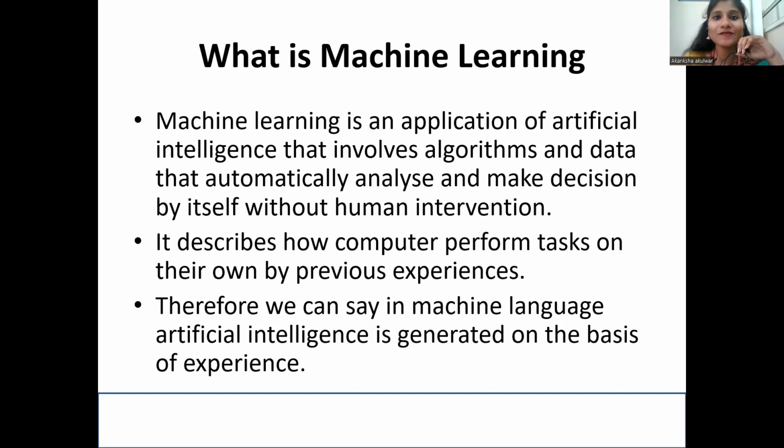Depending upon this previous data, we will be predicting the future upcoming instances. Therefore, we can say in machine learning, artificial intelligence is generated on the basis of experience, that is, on the training data. Depending upon that experience, we are predicting the future coming instances.